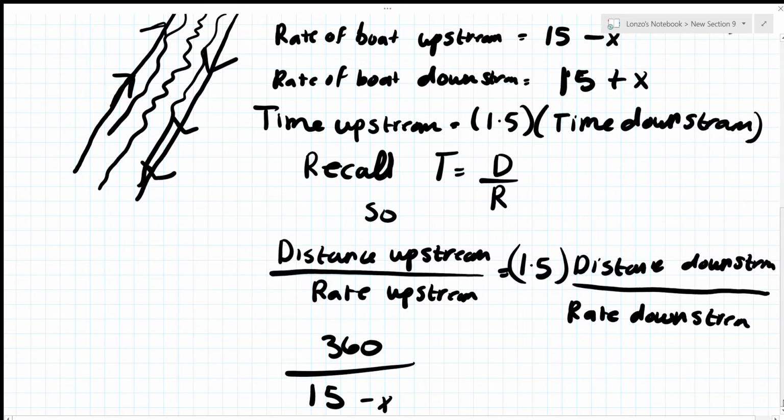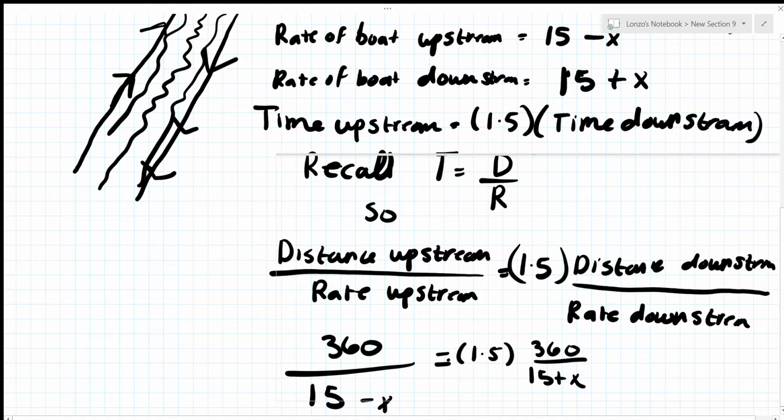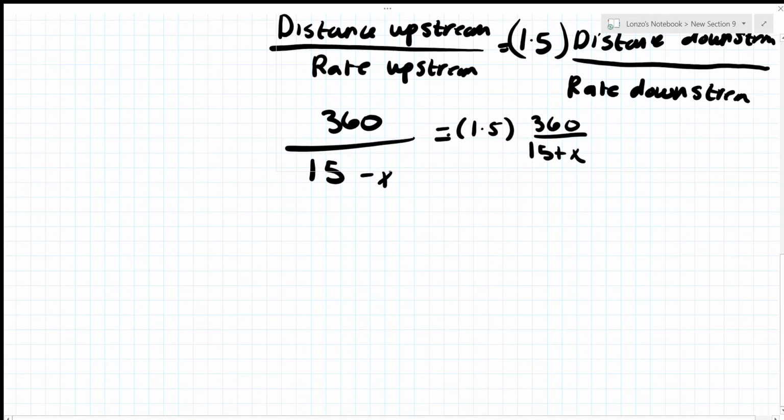And then that should equal 1.5 times the distance downstream, which is 360, divided by the rate downstream, which is 15 plus x.